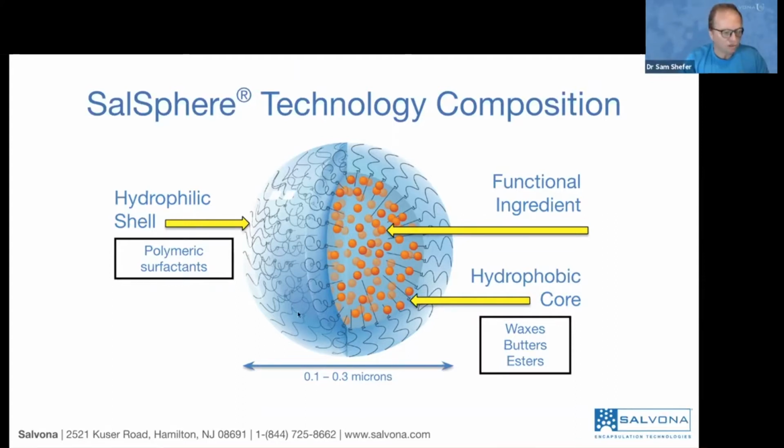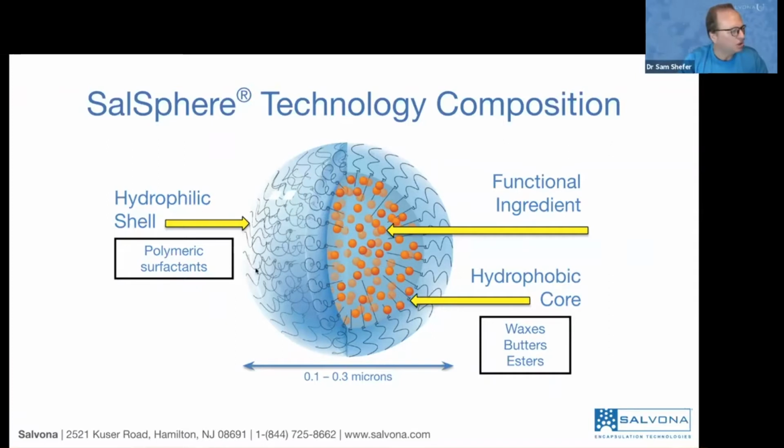The core is typically hydrophobic. It's made out of waxes, butters, esters, and so on. It's lipid. Why do we make it lipid? Because in lipid, we can lock in materials and ingredients, and also lipids and fats are compatible with our skin. Our skin is also lipid, so they can stick to our skin and slowly release.